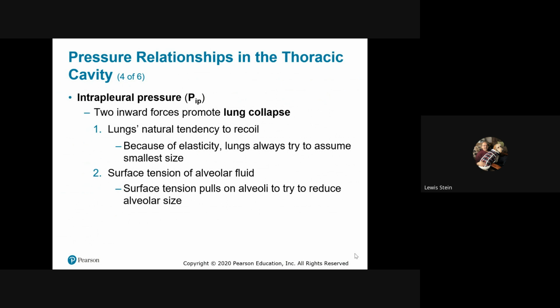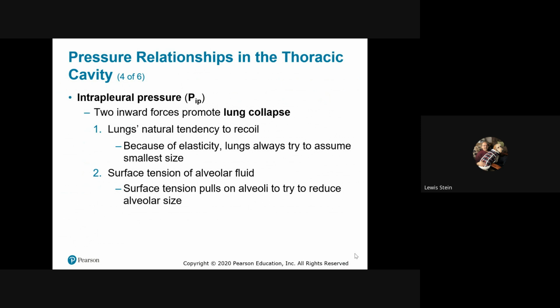And so we rely on certain things. Thankfully, we have a lot of elasticity. That's good because it makes it easy for us to exhale. We don't have to expend any energy. It's bad because the lungs have a tendency to collapse. But the surface tension does have a little bit of pull because there's kind of moisture inside the lining, the surfactant.